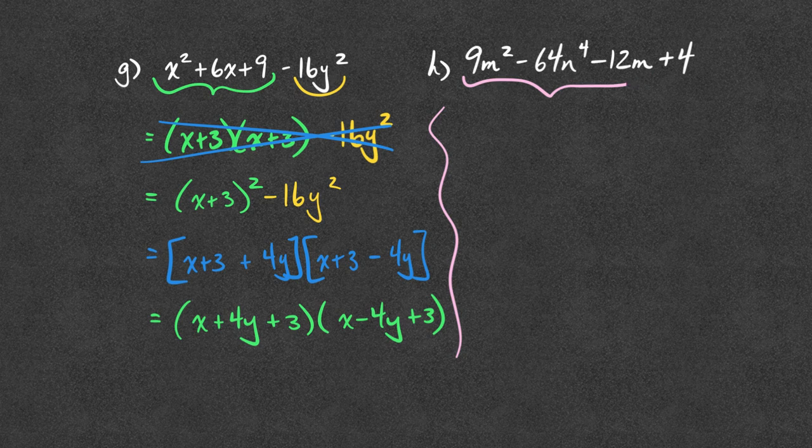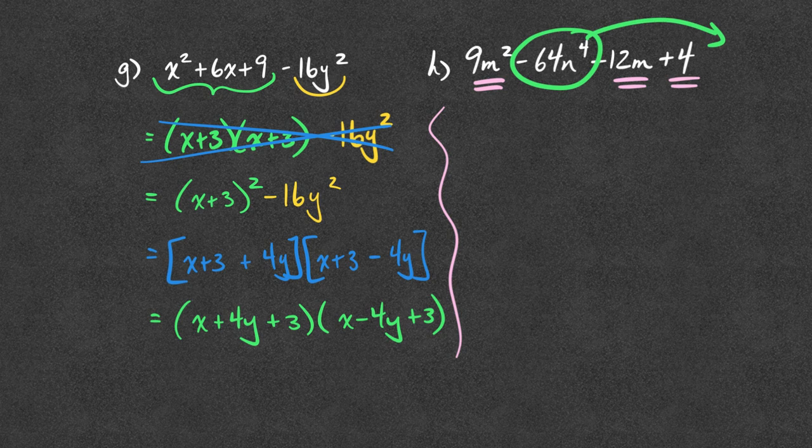So maybe we played a little game of one of these things is not like the other. How could I group it 3 and 3? Well, I notice I've got a squared M term there and then a single M term. If I threw in the constant, that would make it a trinomial. Wait a second. Maybe this N term is the one of these things that's not like the other.